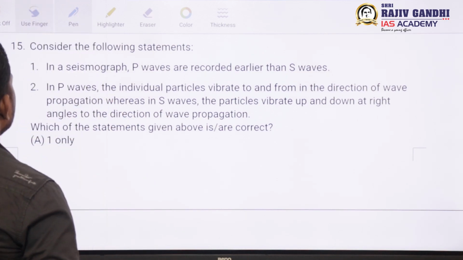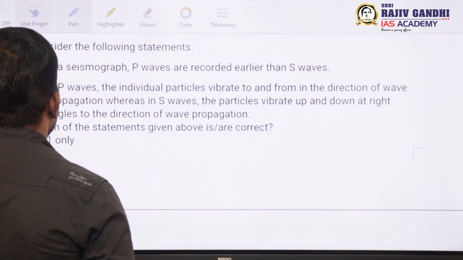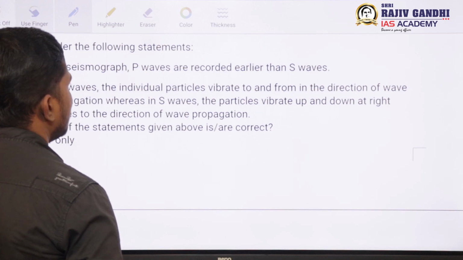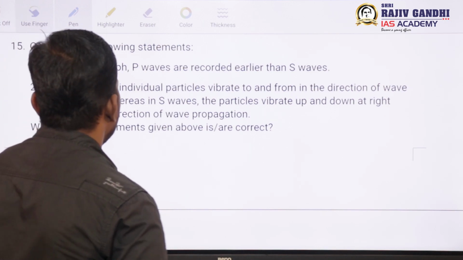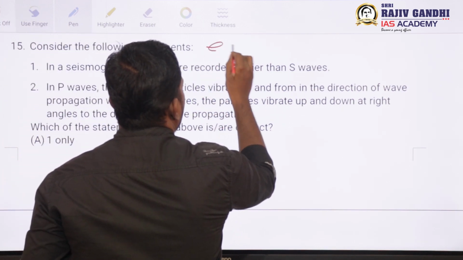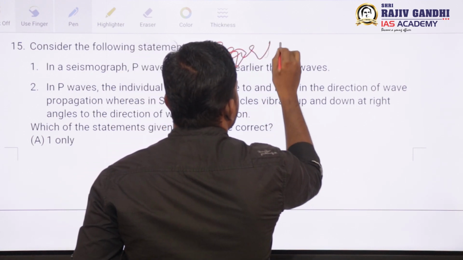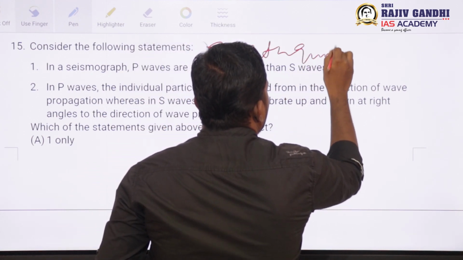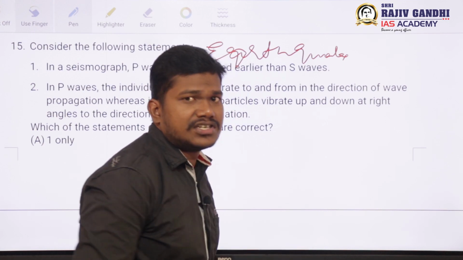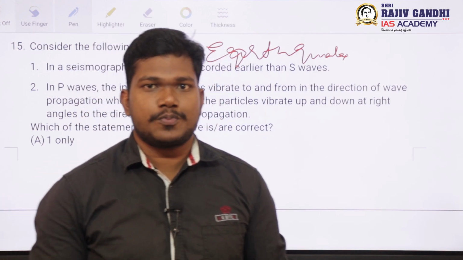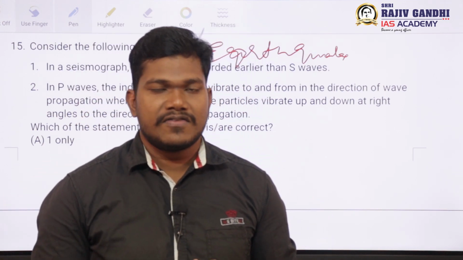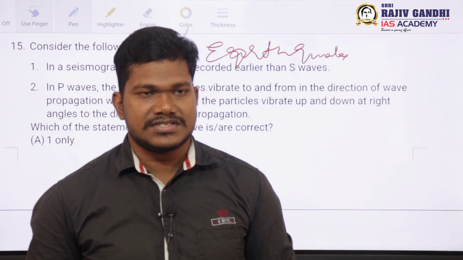The fifth one, consider the following statement. In a seismograph, P waves are recorded earlier than S waves, which deals with earthquakes. An earthquake is caused by the release of energy which produces 2 sets of waves. The first one is body waves, another one is surface waves.